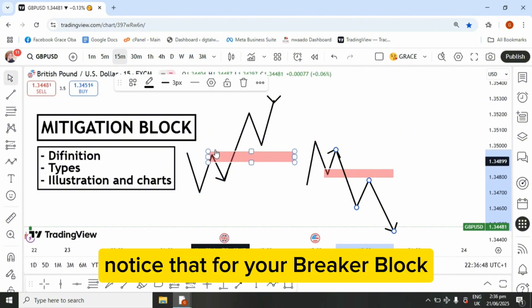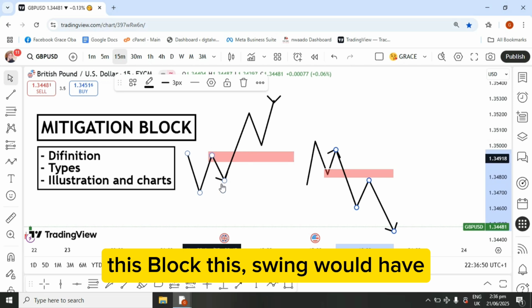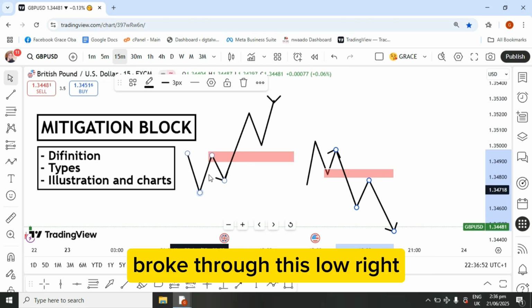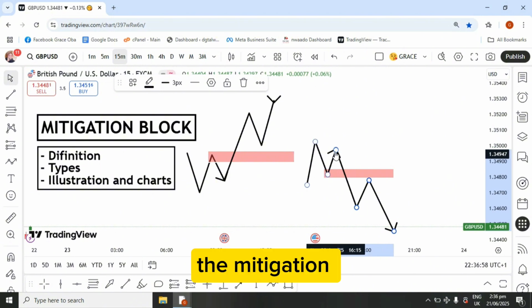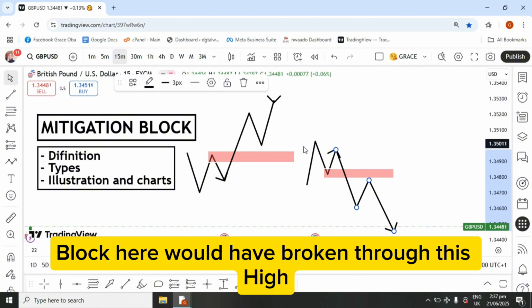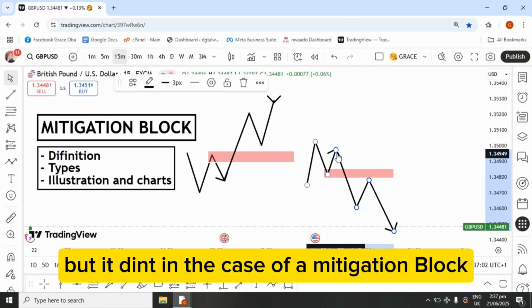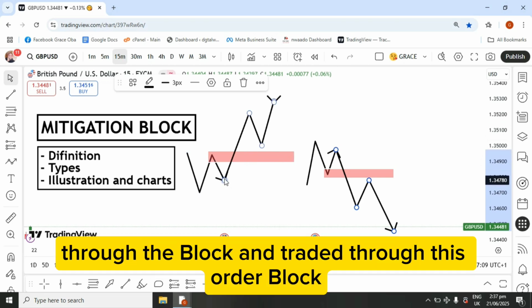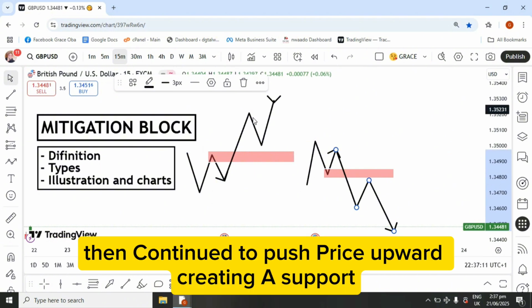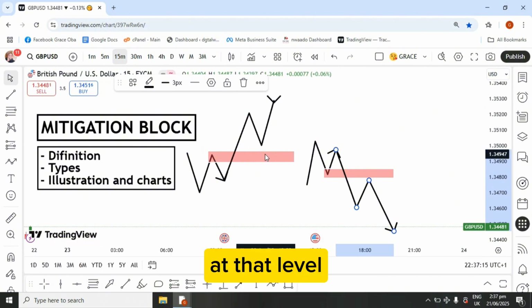Notice that for a breaker block, this swing would have broken through this low. And also for a breaker block, the mitigation block here would have broken through this high, but it didn't. In the case of a mitigation block, it stopped this way, and traded through the block and through this other block, then continued to push price upward, creating a support at that level.